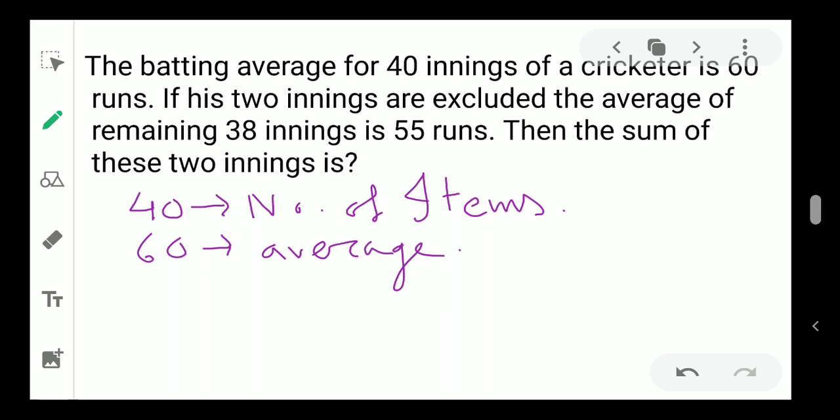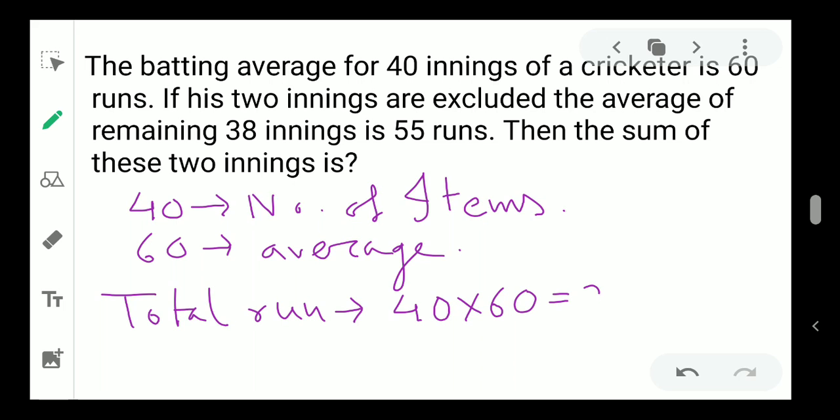So my total run, that means the total run of that batsman, is average into number of items, that is 40 into 60. So that will be 2400 runs. Okay, that is the total run in 40 innings. What is asked next? It is told that if his 2 innings were excluded, the average of remaining 38 innings is this much run.